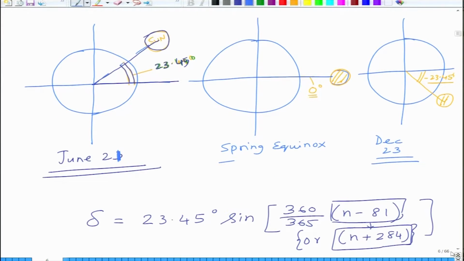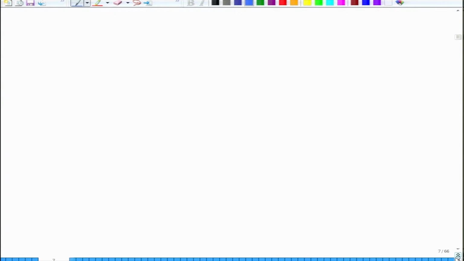So the first angle that we have worked out is delta, the declination angle, which is 23.45 degrees multiplied by sine of 360 divided by 365 into n minus 81. Naturally you can see the value changes from minus 23.45 to plus 23.45 degrees as a function of day of the year.